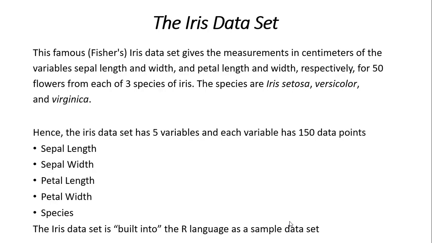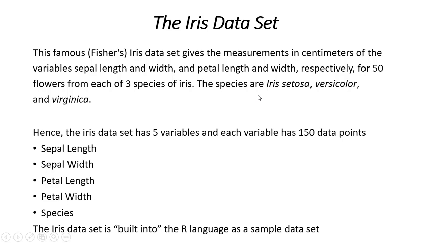The iris dataset was first discussed by the famous statistician Fisher, and it gives measurements in centimeters of the variables that we'll call sepal length, sepal width, petal length, and petal width. These data values are obtained from 50 flowers, and these come from 3 different species of the iris.